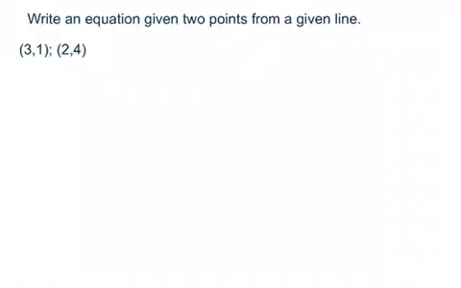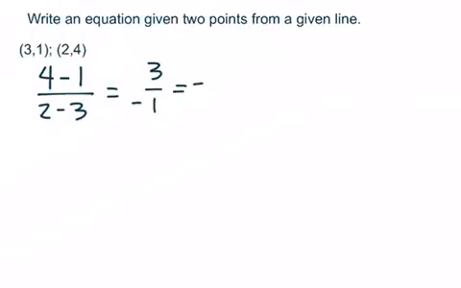So to find our slope, we're going to plug in our numbers, in which we would get 4 minus 1 over 2 minus 3. Then we discovered that our slope is equal to -3. Now, just like what we did last time when they gave us the slope, we're just going to take our slope and plug it in the form y equals mx plus b. Now this is the thing though. Does it matter which ordered pair I use?